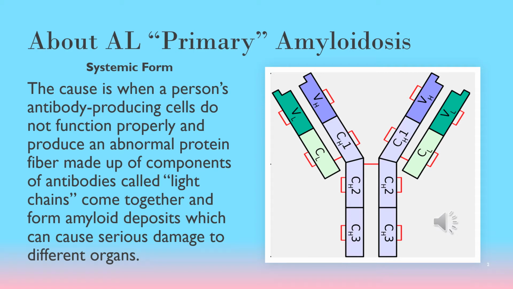But this particular little area on the side here on each one, the green areas are the light chains that we're talking about in the immunoglobulin that decide to start, for whatever reason, congregating and depositing and not staying attached the way that they're supposed to.